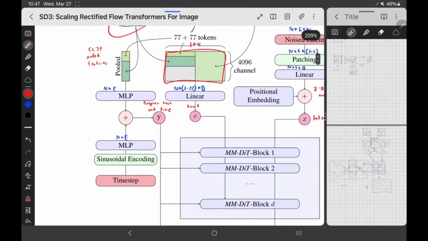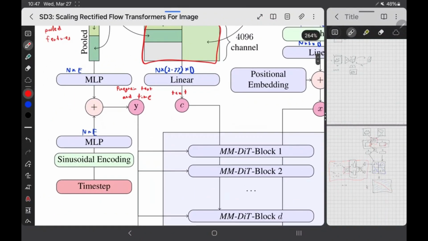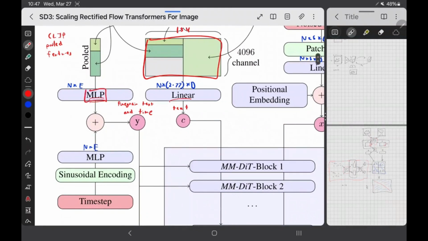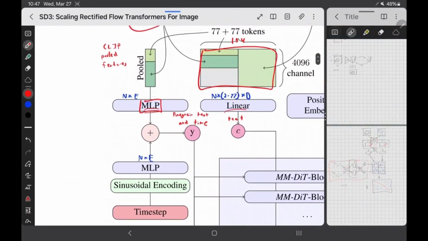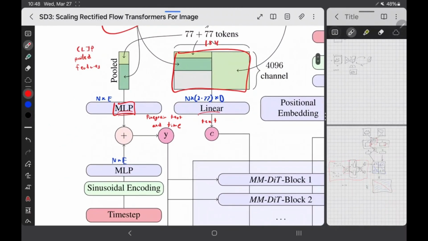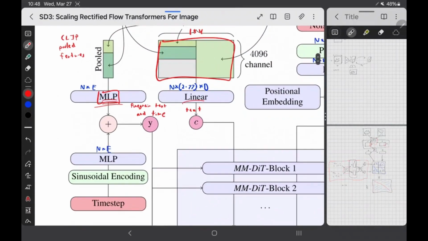And these are the two ways the text is encoded. This is sent through a linear layer, and this is sent through an MLP. The difference between the two is an MLP is multiple linear layers. You can think of this as like a linear layer projecting up, perhaps, and then a nonlinearity, and then another one projecting down. So your inverse bottleneck. Doesn't really matter. I think it's probably arbitrary.